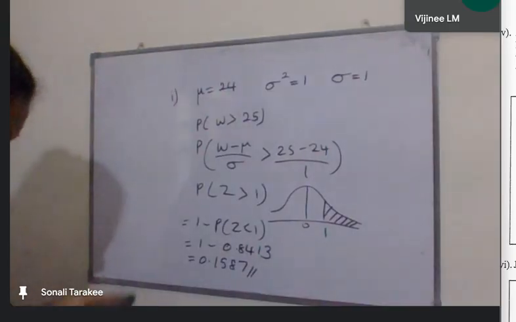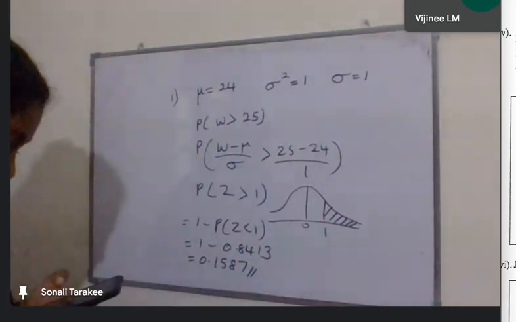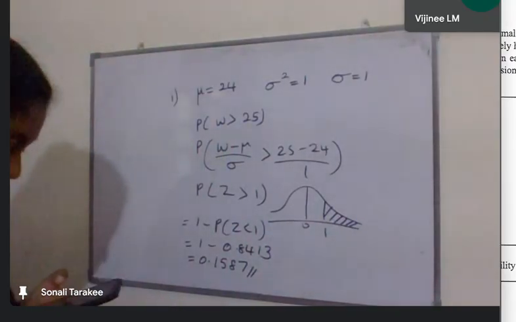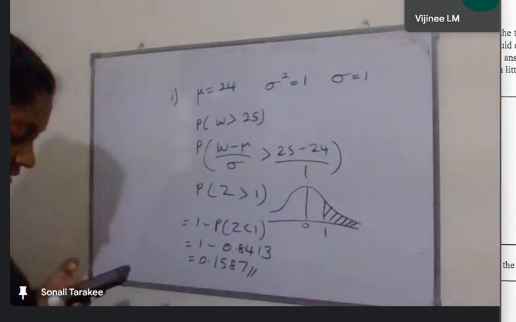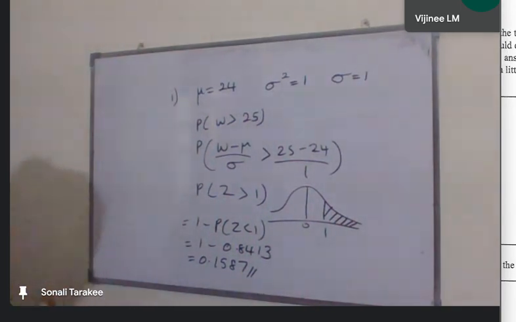Okay. And then the second one, the passenger with baggage weighing more than 25 kilograms is charged 5,000 for each kilogram.